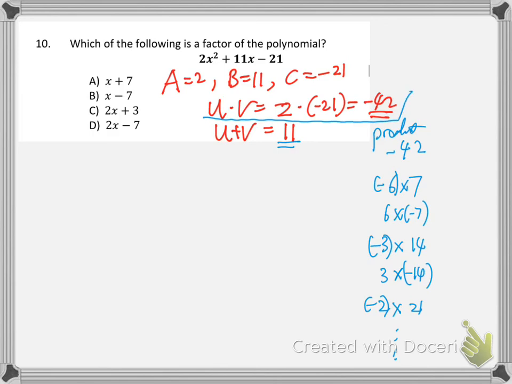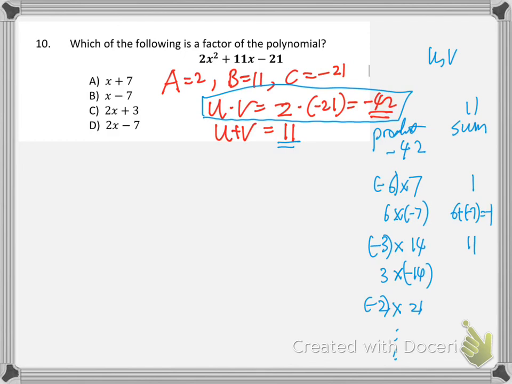U times V is this, and then we check the sum. Which one gives us sum 11? I don't have space to write down U comma V. So this one sum is 1. Sum is 6 plus negative 7 is negative 1. So it's wrong, right? This one sum is 11.